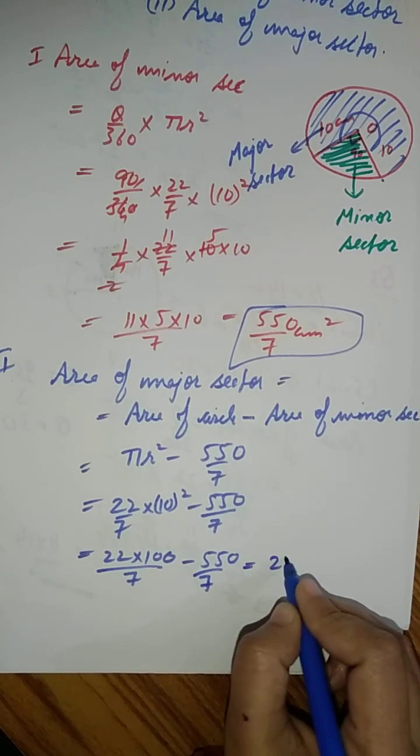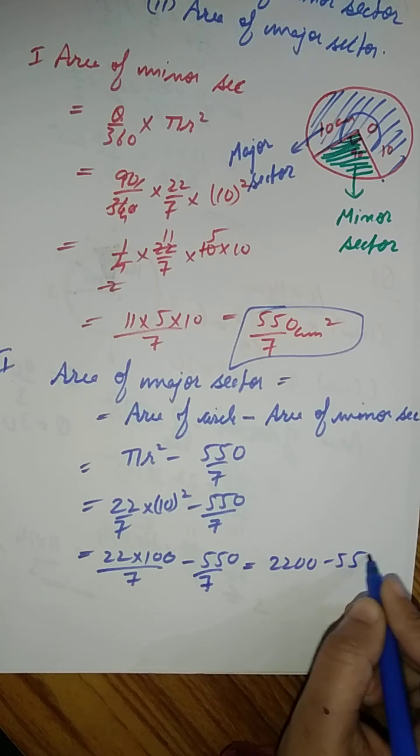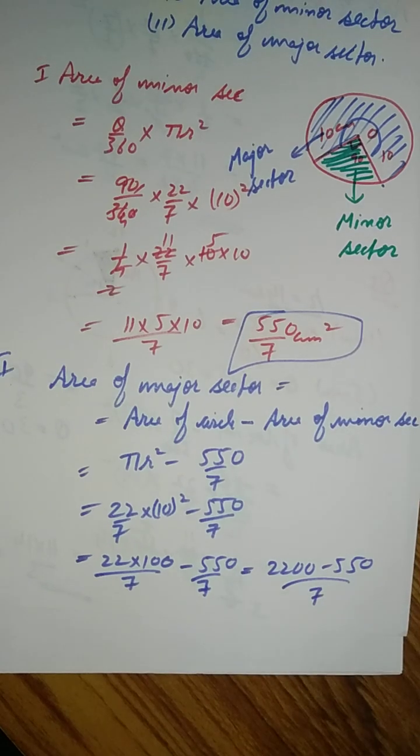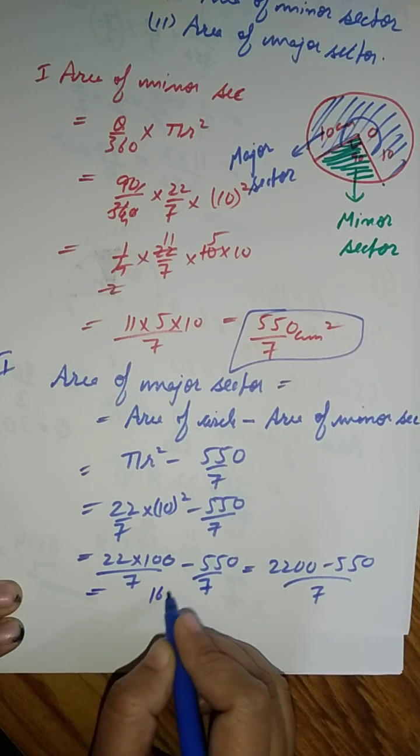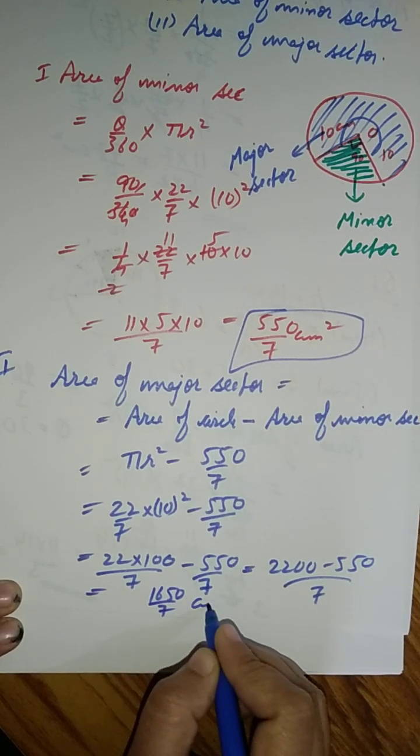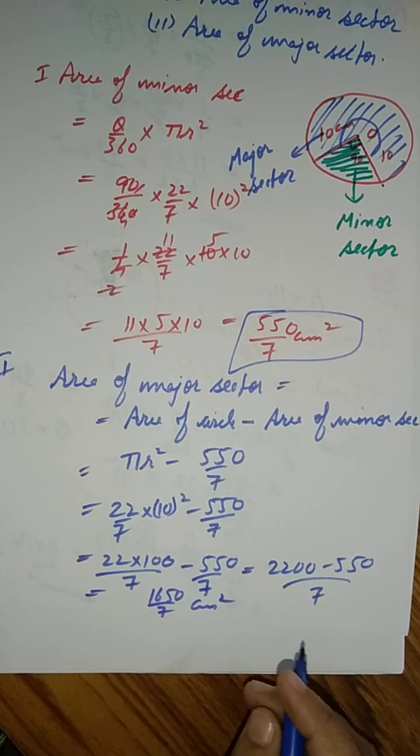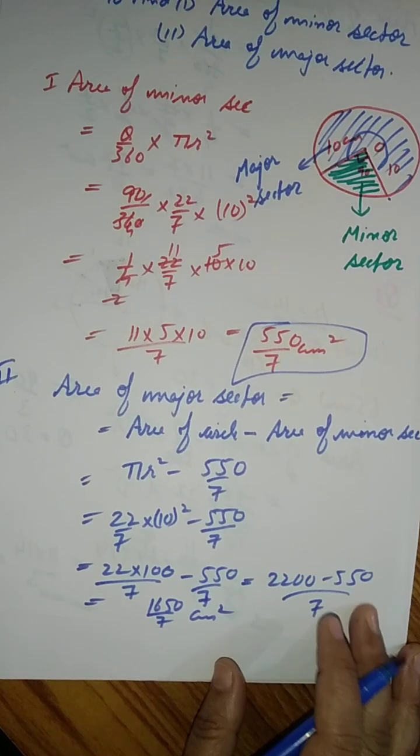So you will get 2200 minus 550 upon 7. Now subtract 550 from 2200, and you will get 1650 upon 7 centimeter square. So this is how you can calculate the area of the major sector.